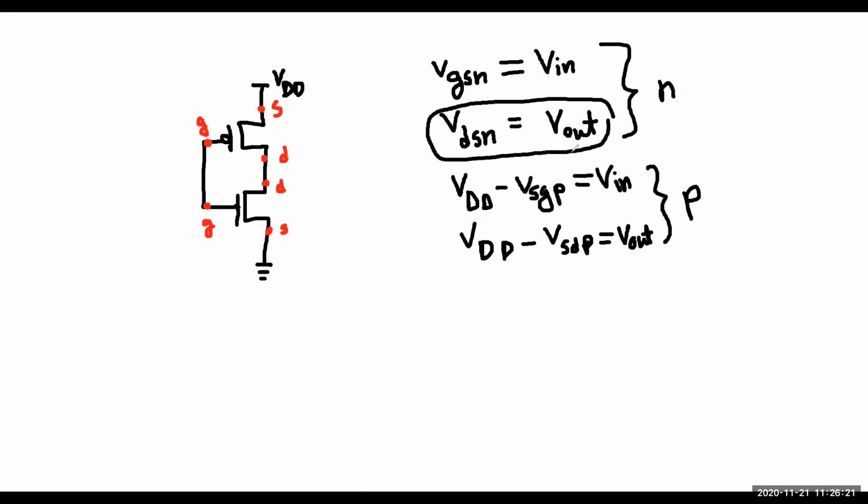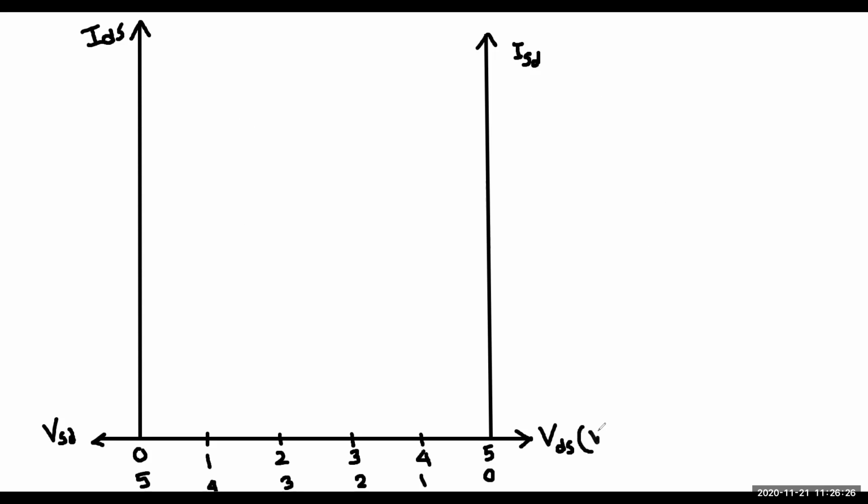VDS is our output. That means this one is our output. Let's call it VO. Understood, my dear? Yes, sir. That means these points are my outputs: 0, 1, 2, 3, 4, 5. This is my output scale. So I marked them.